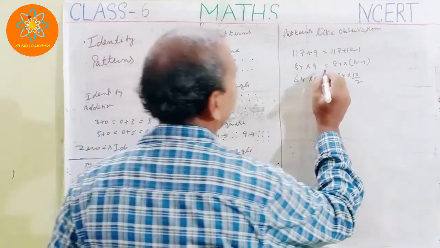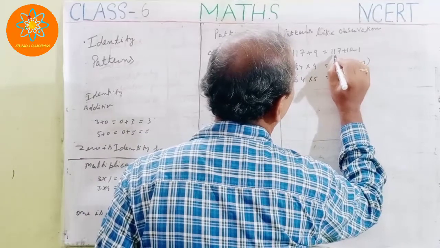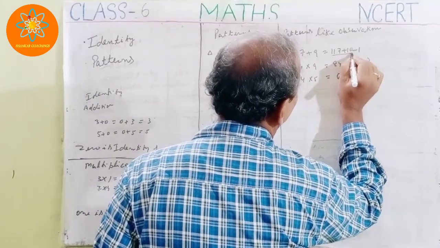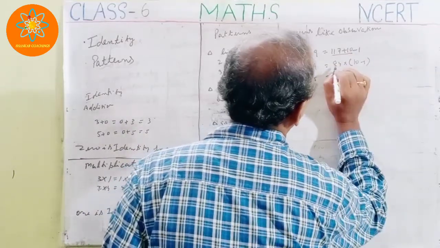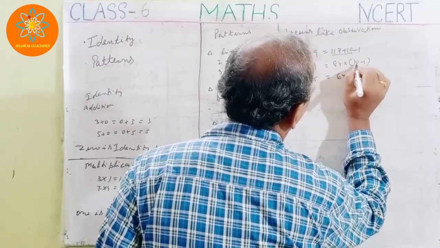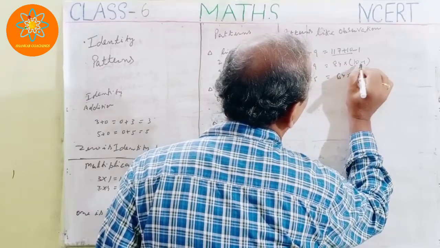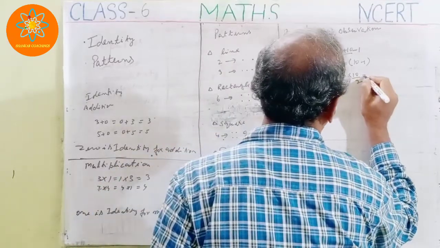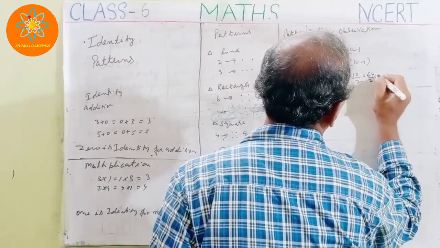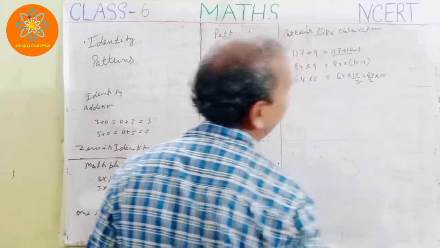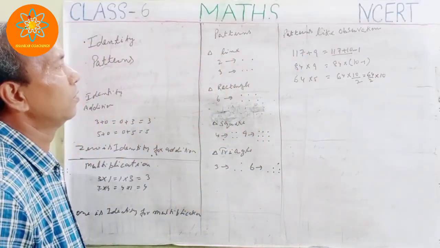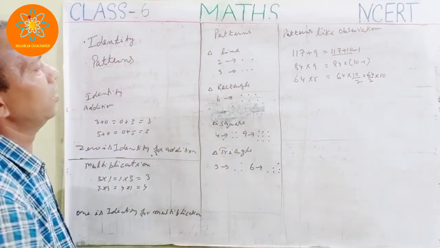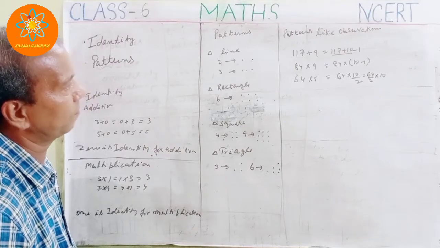So I will add 117 plus 10 and then subtract 1. Similarly, 84 I multiply by 10, then I will subtract 84. In this case, I will take 64 by 2 and then multiply by 10. So in this way the calculation becomes easy.